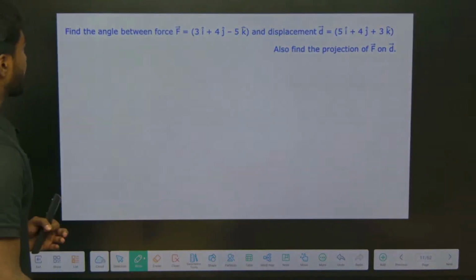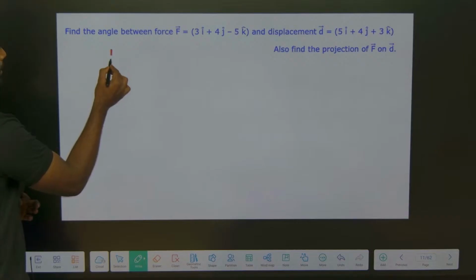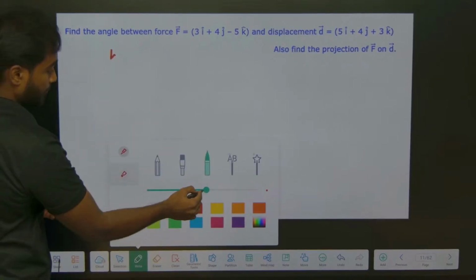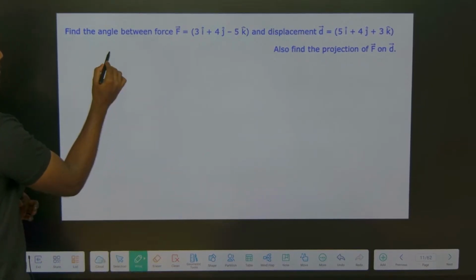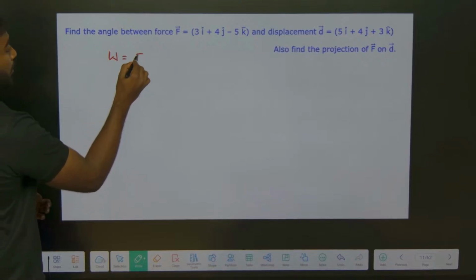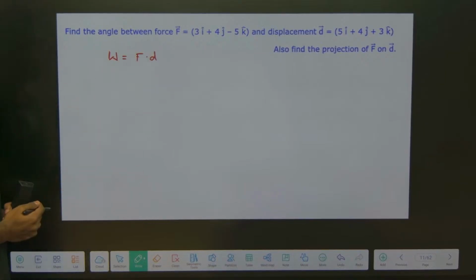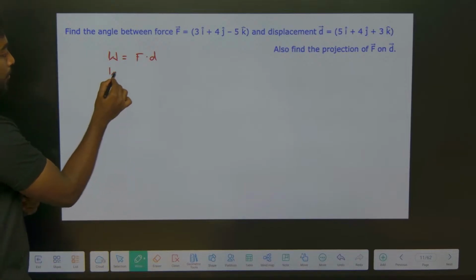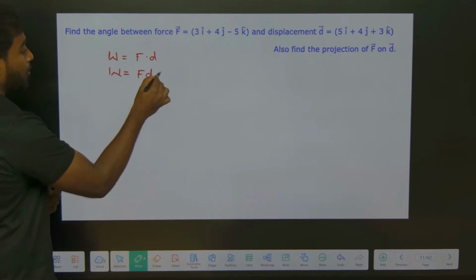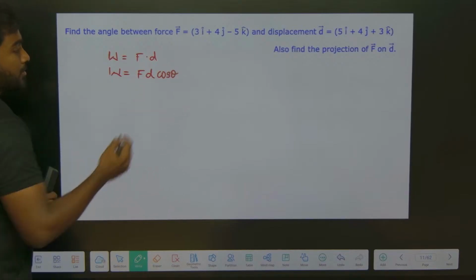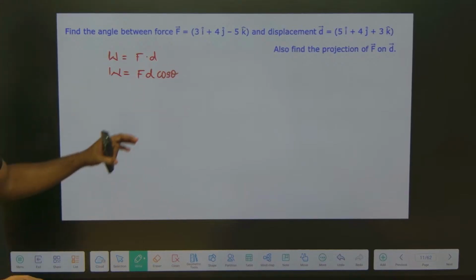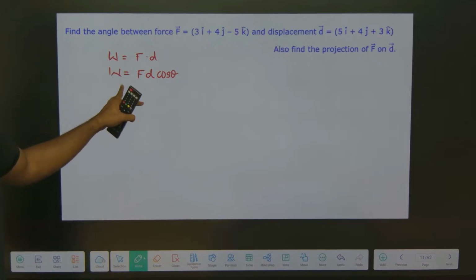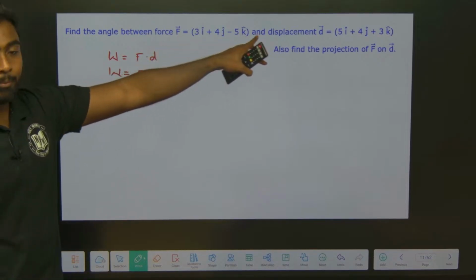First, we know that work done is equal to F dot D, force and displacement, or else the other formula FD cos theta. We don't know the work done right now, but force and displacement have been given.